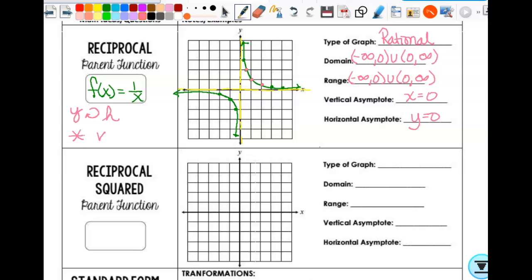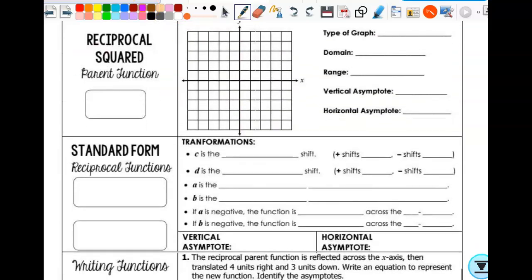All right, so let's look at the reciprocal squared function. This one is f of x equals 1 over x squared. So let's plot some points here. If I substitute in 1, 1 over 1 squared is 1.